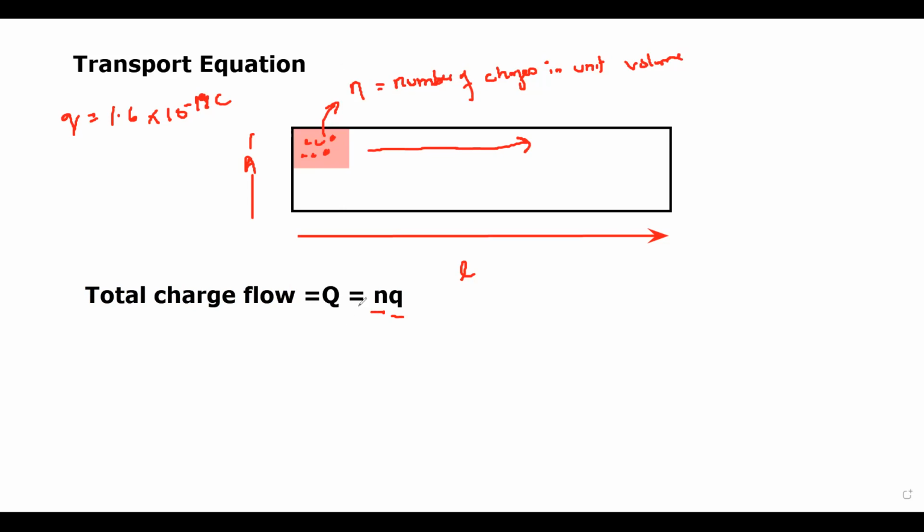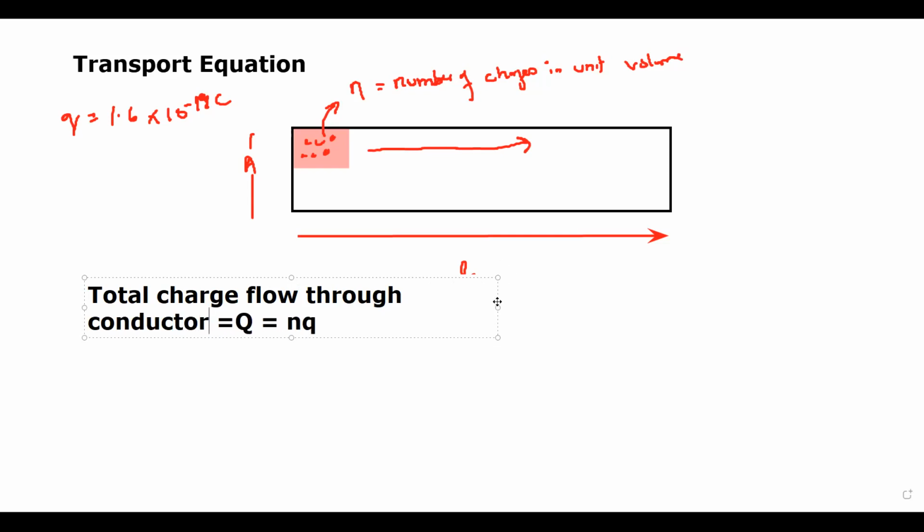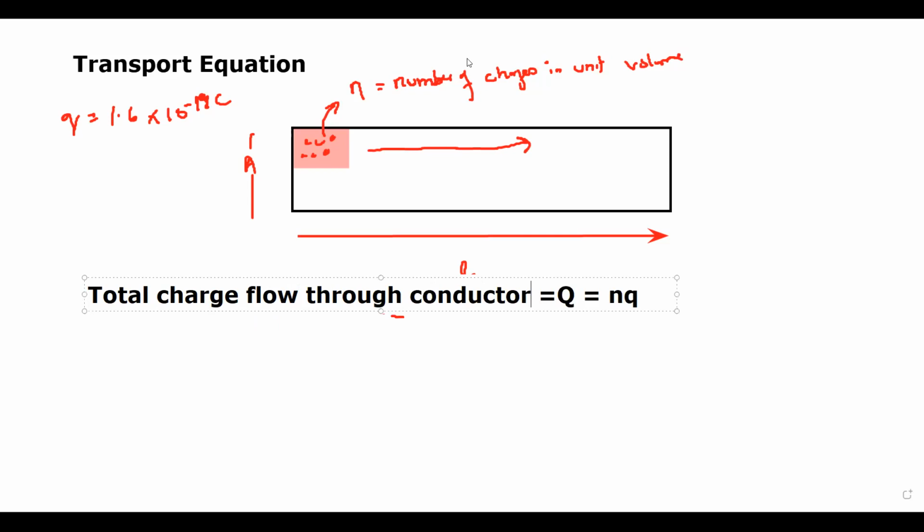Now this charge is flowing through a volume. So the total charge which will flow through this, we want to represent by Q. N is the number of charges flowing through a unit volume, but for the total charge through this conductor, Q is equal to NQAL, because A and L give the volume.